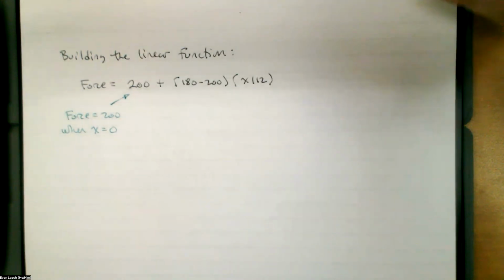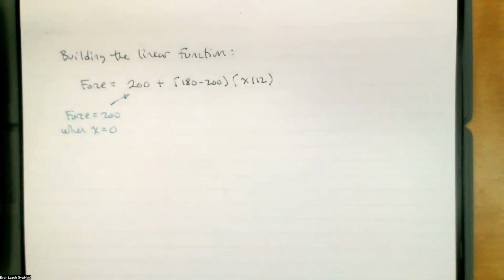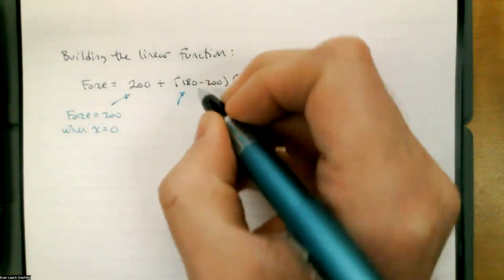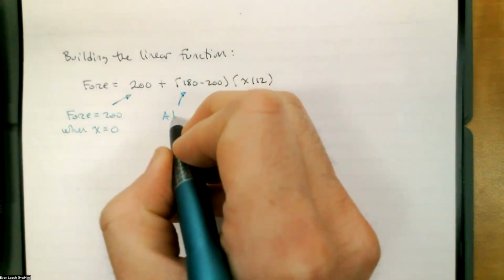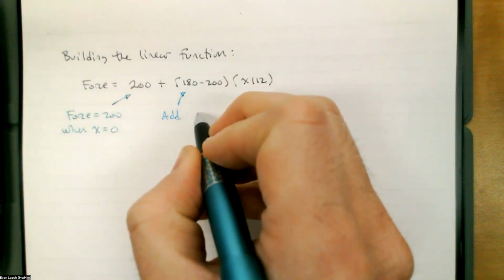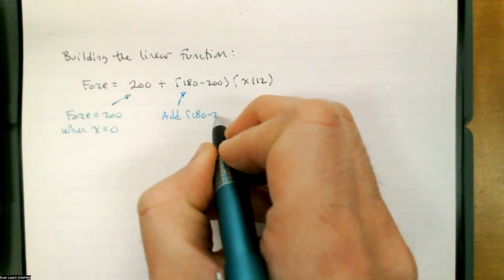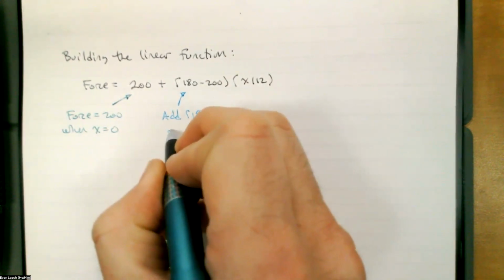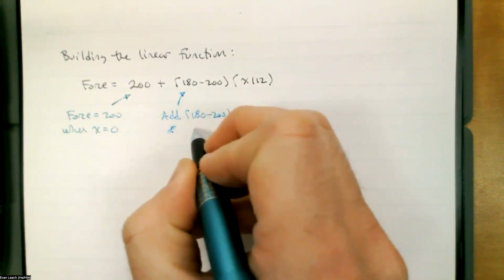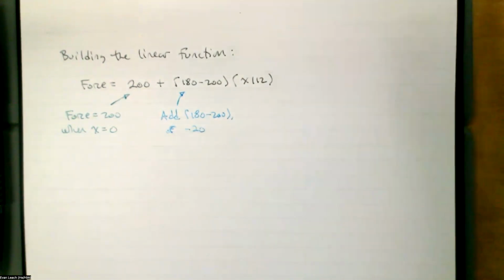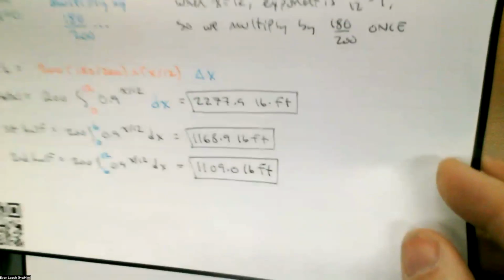So the force is 200 when x is 0, and we want to add negative 20 one time. So I'm going to phrase it the same way.